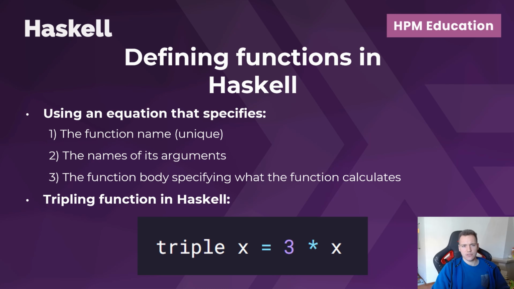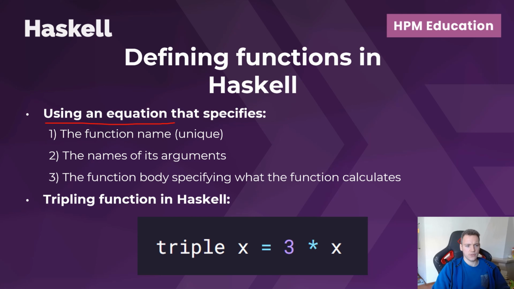The previous slide showed an example of a mathematical function written in the language of mathematics, and now we will see how to translate that into the Haskell language, or in other words, how to define a function in Haskell. So to define a function in Haskell, we use an equation that specifies 3 things.